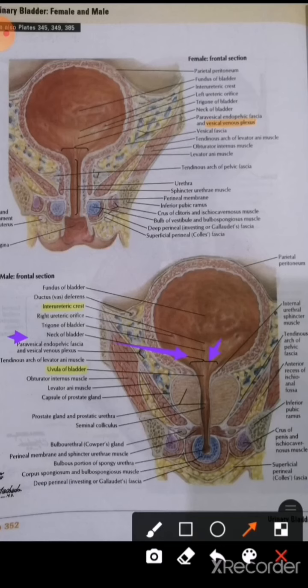Since we're talking about the male, smooth muscle bundles surround the bladder neck, and they also surround the pre-prostatic urethra, the part of the urethra above the prostate. This is the prostate, and these are arranged as a distinct circular collar.